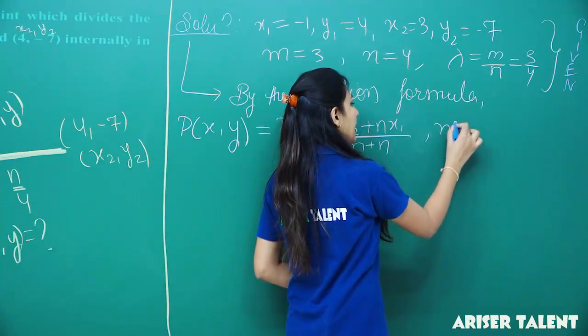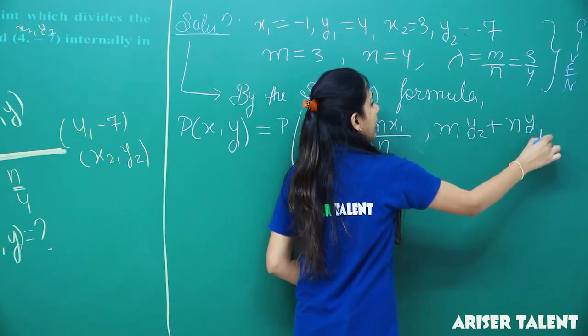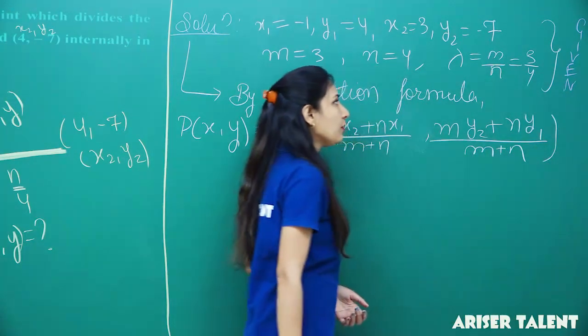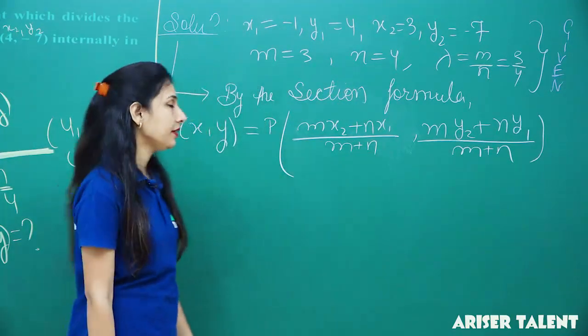Now students, tell me, what is m plus n? M is 3 and n is 4, so m plus n is 7.